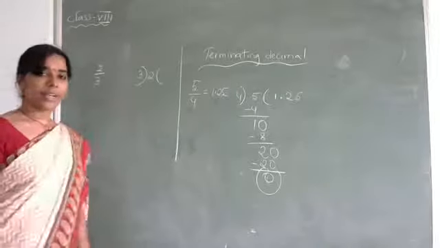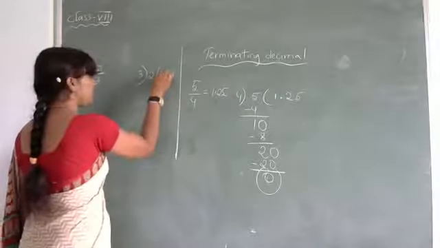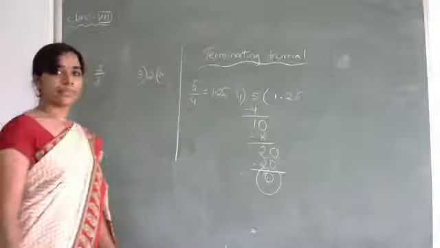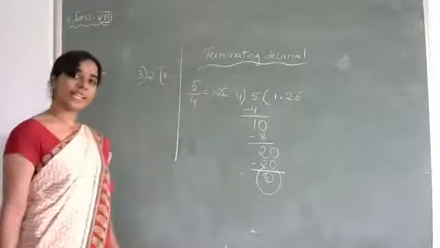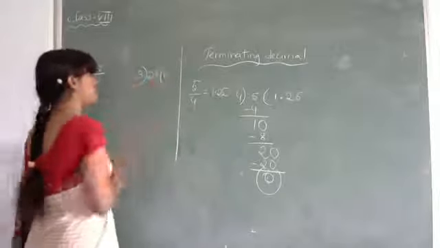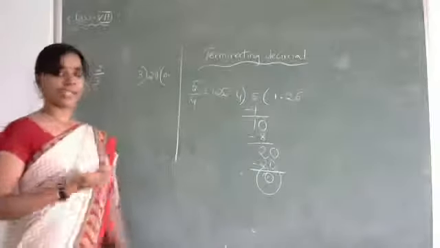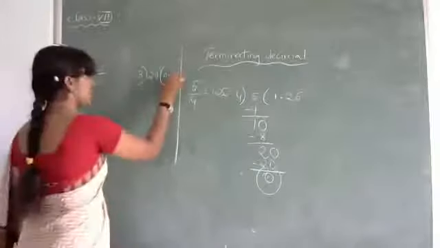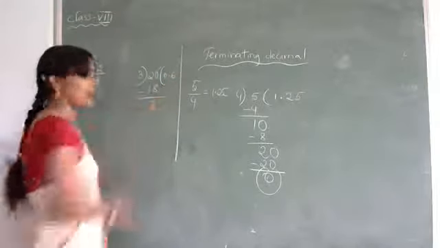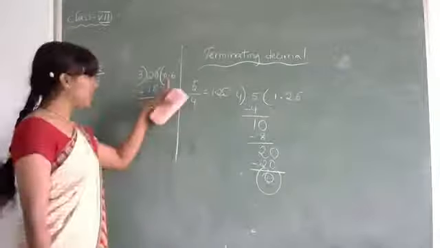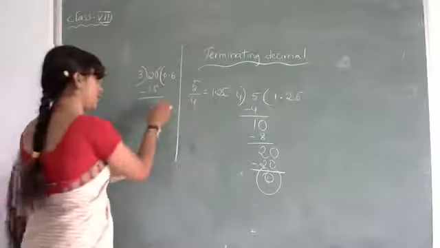So for that, I am keeping a 0 and a decimal point. If I keep the point, then we can keep 0 here. So in the 3 table, what is the nearest number to 20? This is 18. How much remainder did I get? 2. Already we kept a decimal point, so we can keep 0 here.